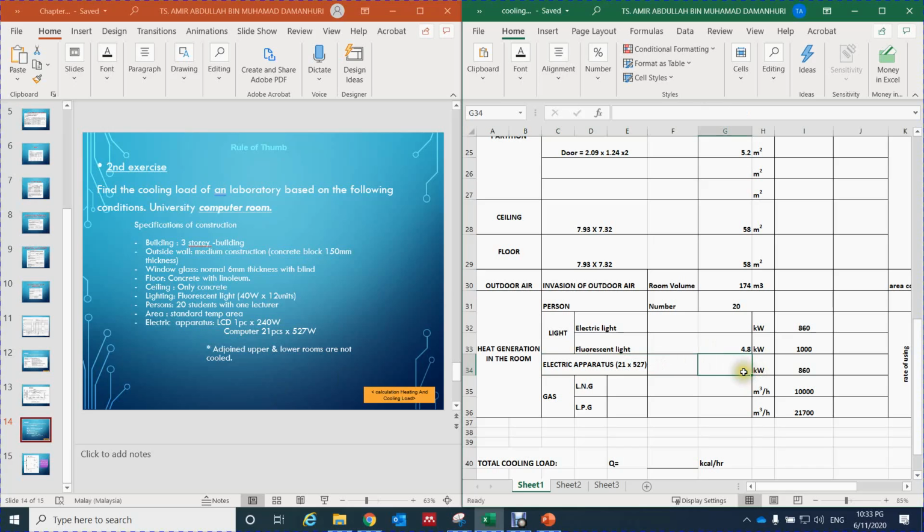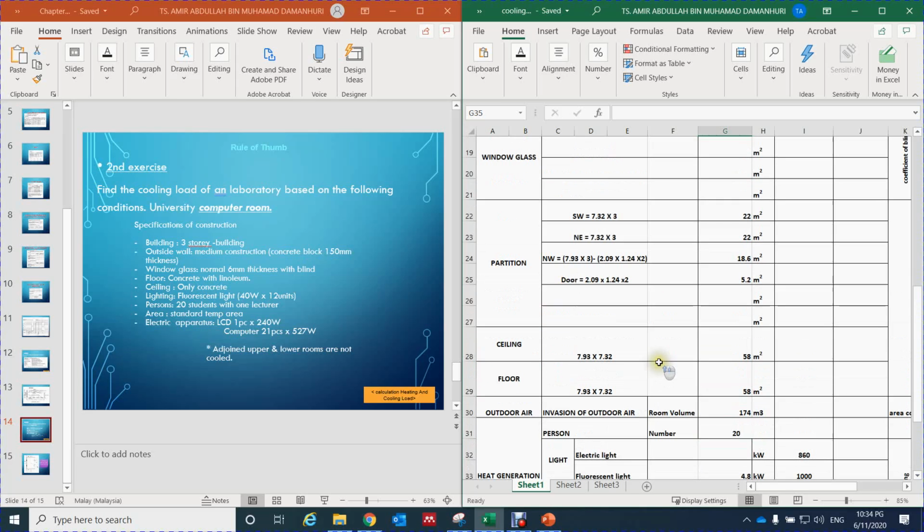So 21 times 527 is 11,067, plus the LCD 240 watt, it is 11,307. So in kilowatt it is 11.3 kilowatt here. Is there any gas or LPG or LNG? No.